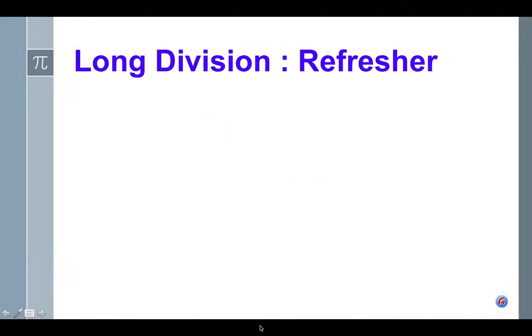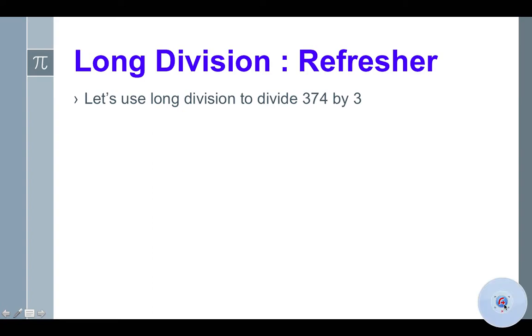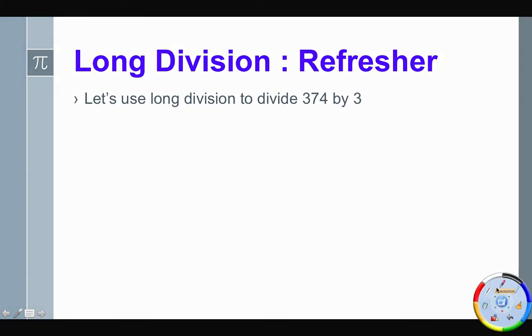So taking a look at long division, we're going to refresh our memory on long division, now using numbers. If I want to take 374 and divide it by 3, you might remember from elementary school, you would take the 3 on the outside of your division box, and you would put 374 inside the box.